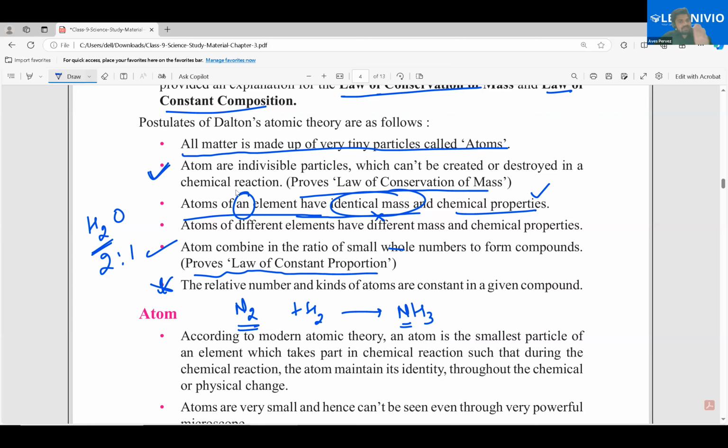No one can claim that I am having water which is having 3 carbon and 5 oxygen. No. The number of atoms is also fixed and the kind is also fixed. Water will always form from hydrogen and oxygen. You cannot make water from nitrogen and oxygen, calcium and sulfur, zinc and oxygen. No, it is not possible. Understood? Yes or no? Understood?